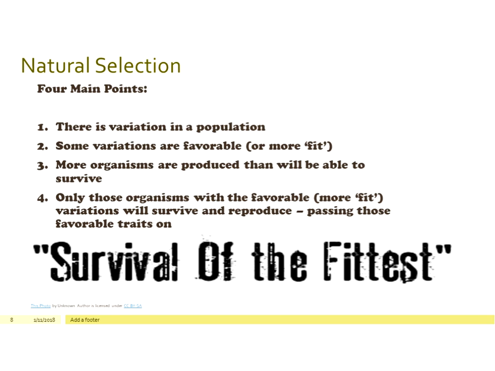What ends up happening is that only the organisms with the favorable or more fit traits that allow them to be successful in that environment are going to be the ones that survive, and therefore they pass those traits on by reproducing. Those favorable traits then become the only traits seen in a population.